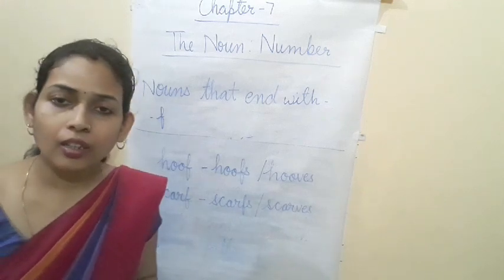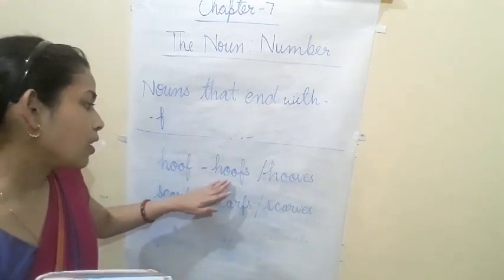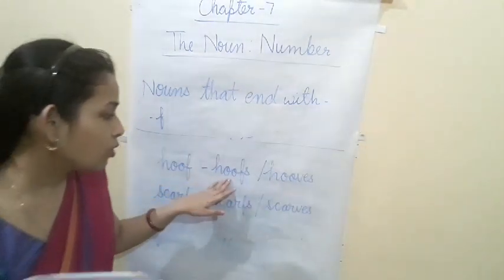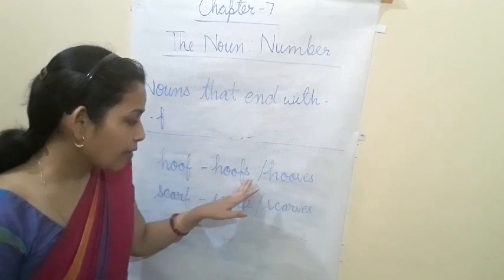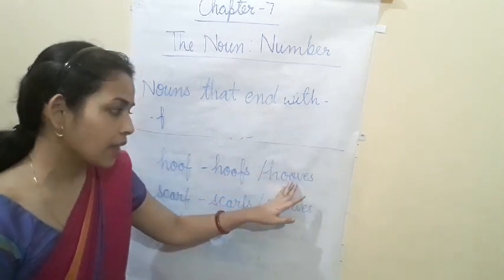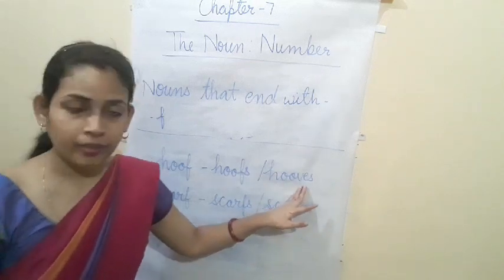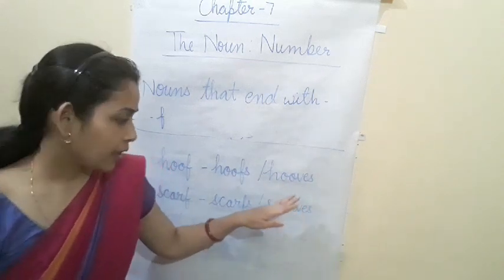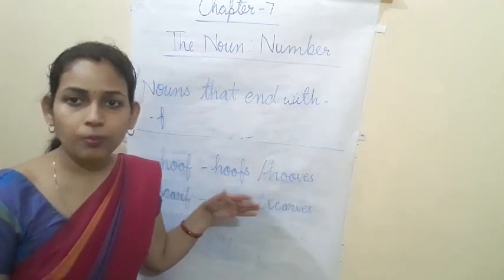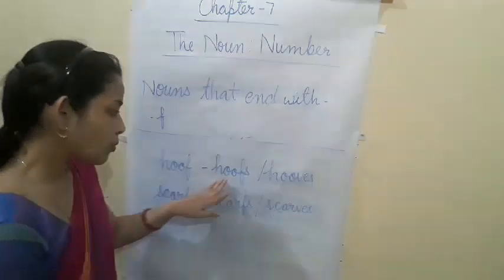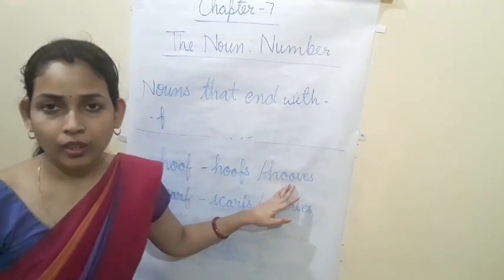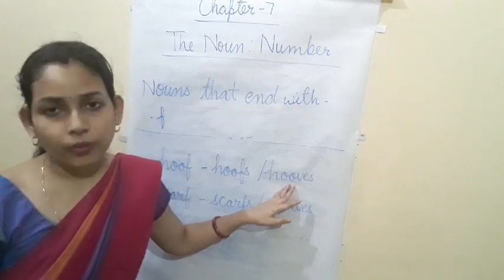Let's see another point. First, you can see the example I have written: hoof. I have added only s, and that is correct. Another way, I dropped f and added ves. Both ways are correct. We can make the plural in both ways.